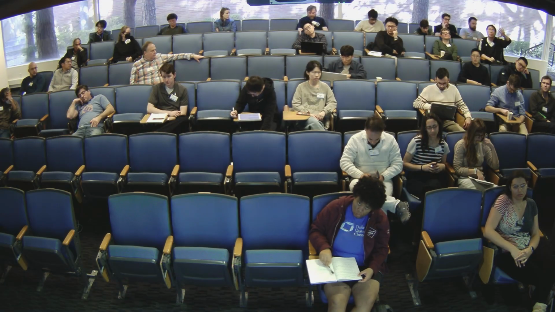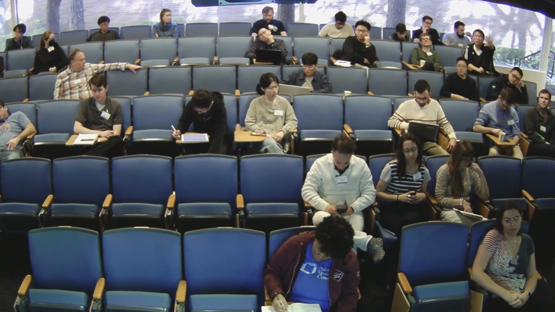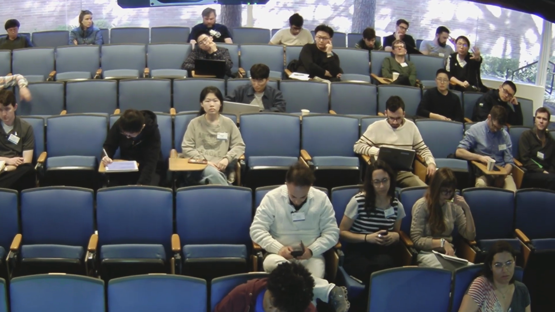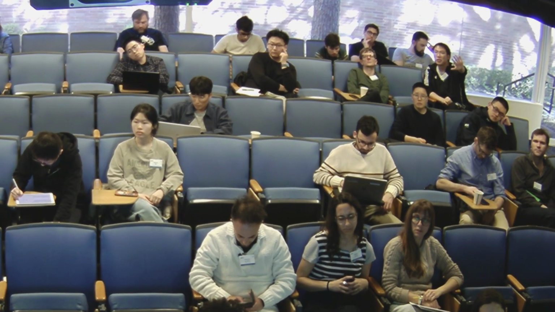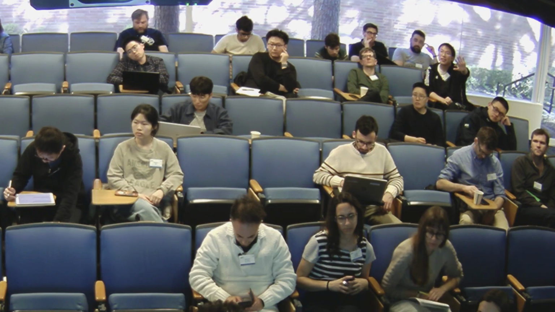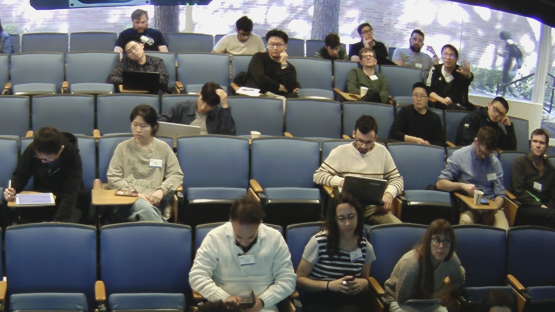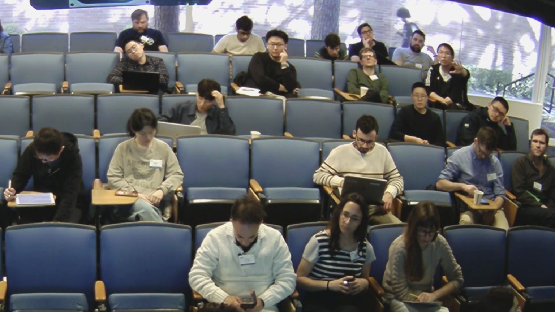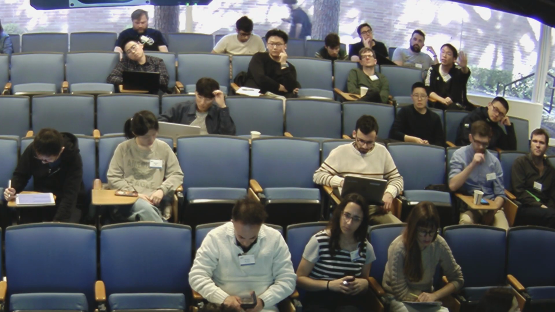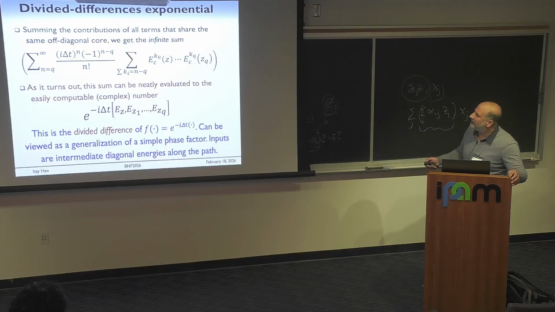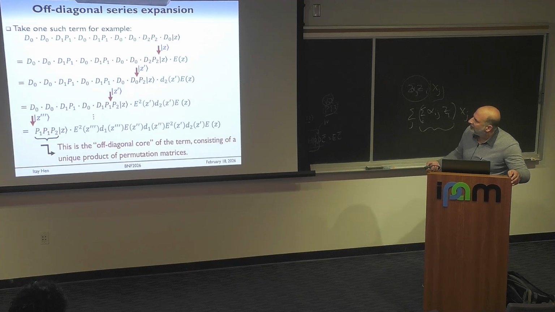I'm wondering, in your algorithm, in which step do we need to use a quantum computer? It seems that up to now all of these calculations can be done classically. It's true that they can be done classically, but if you remember, I'll go back a little bit.